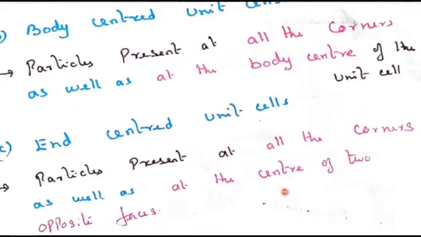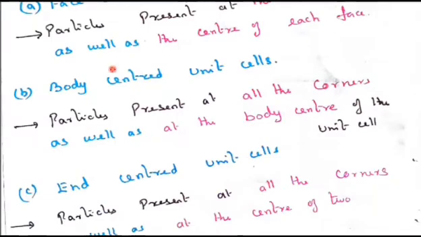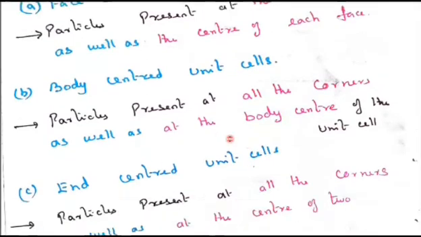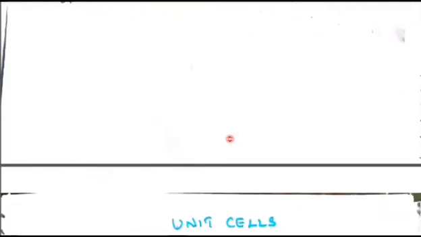So face-centered, body-centered and end-centered are the three non-primitive unit cells. In all three, the corners contain atoms, plus the particular faces, the body, or the opposite faces.